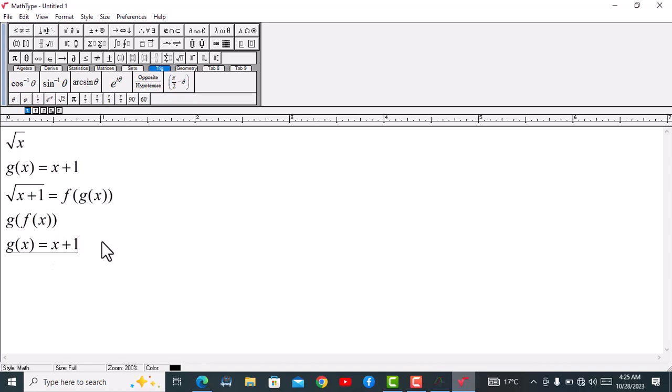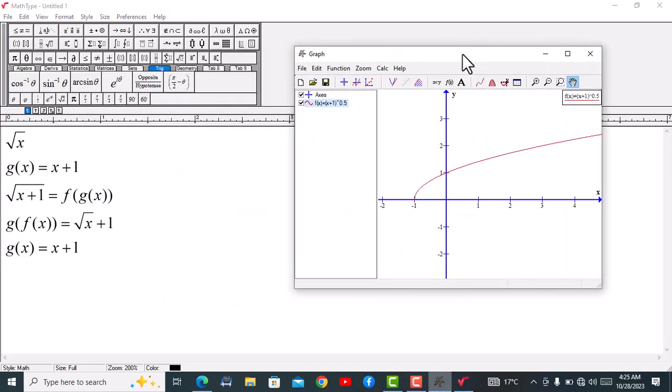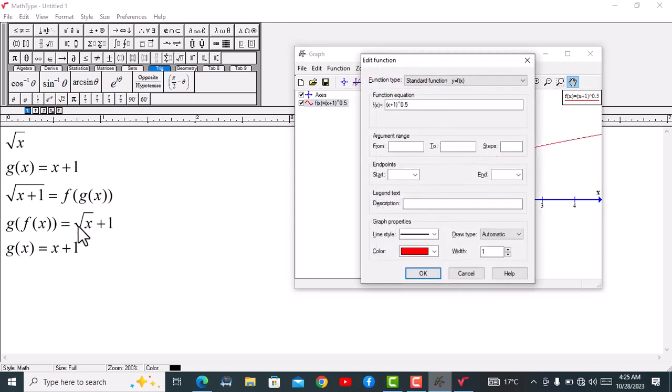So inside of g, where I see x, I'll be writing the square root of x. So now g of f at x equals the square root of x plus 1. And there it is.